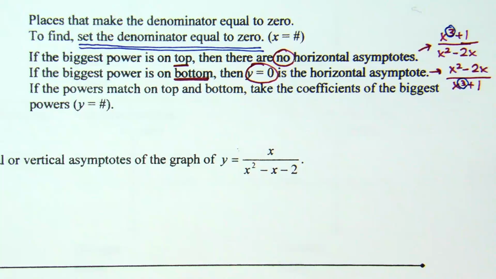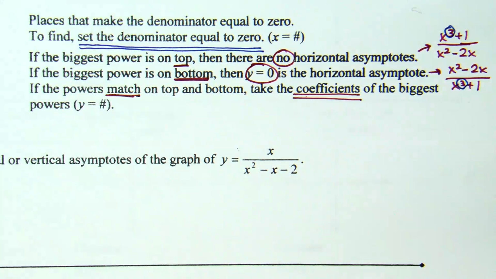That leaves option 3, which is if the powers match. If the powers match on top and bottom, then we use the coefficients of the biggest power. So, let me give you an example here. If I have y equals 3x to the third over 4x to the third plus 1. Okay, this is my example. What are the terms that have the biggest power?